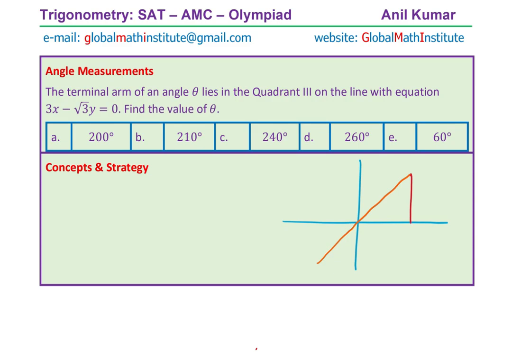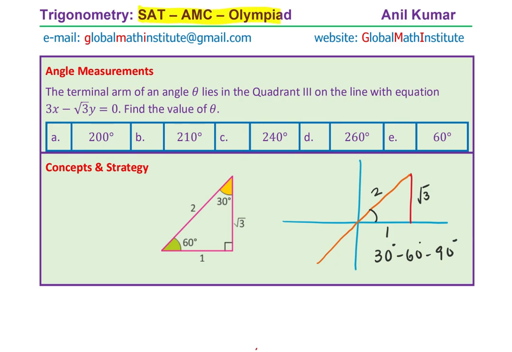And we are saying that this is square root of 3. This is 1. And that will be 2, right? You know the special triangle. So this is our 30 degrees, 60 degrees, 90 degrees special triangle. Knowing special triangles is key in getting good marks in all these competitions, right? So we're looking into SAT, AMC, and Olympiad type of exams.